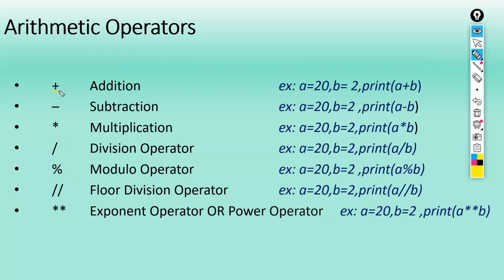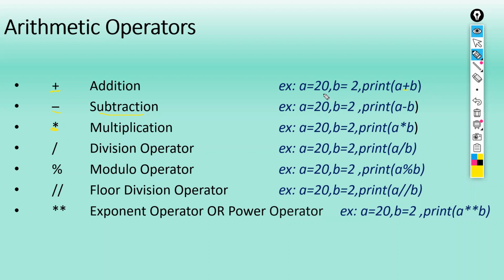Plus is addition. If you want to add 2 or more numbers, we need to use the arithmetic plus symbol. Minus symbol is for subtraction. If you want to multiply, we can use star. Star is the multiplication symbol.